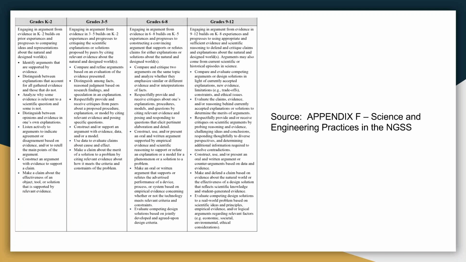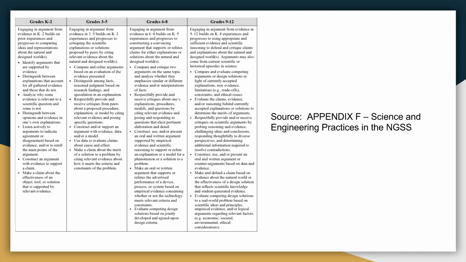And then Linda, 6 through 8. Okay, so this one definitely builds on those. You can see that progression, but I think the main focus is evidence. So the first one, compare and critique, they're looking at 2 different arguments, 2 different sides of something, but they're really analyzing the evidence to determine which one's better.